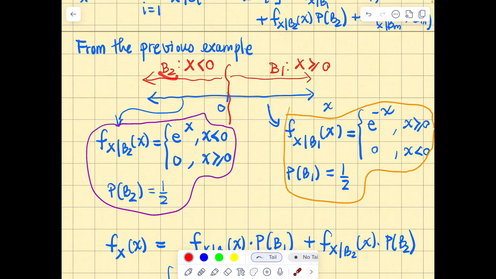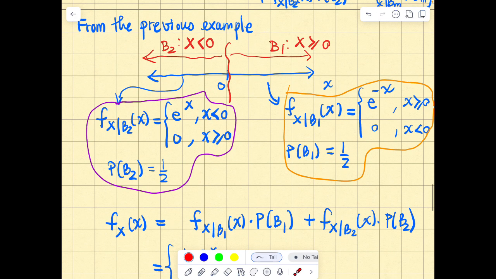Let's say B2 is another event, which is when x is less than 0. Okay, so that means it covers the entire left half of this real line. So if you look at B1 and B2, these compose the whole outcome of x.